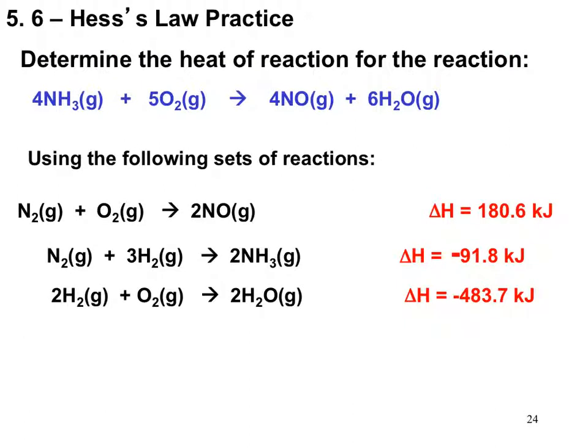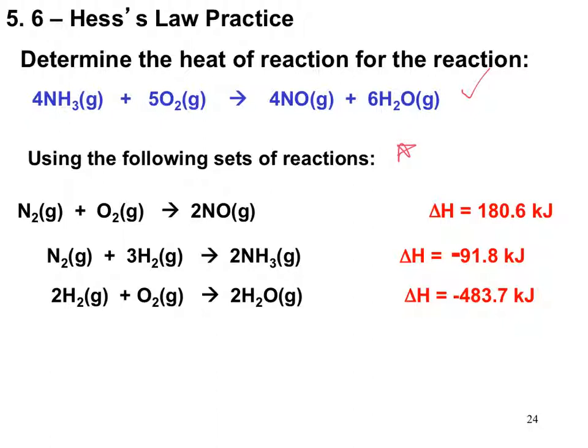So let's actually look at a problem here. A lot of times these kinds of reactions are given in this type of format. They'll give you a reaction and ask you to determine the delta H, or the heat of the reaction, for this specific equation based on a set of equations that they provide.